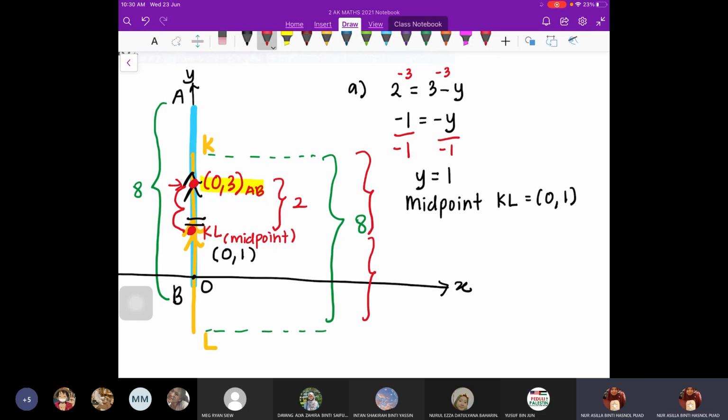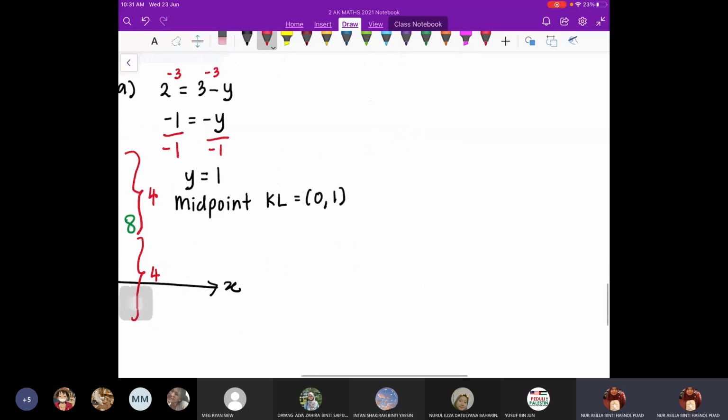Ini 1, sini 1. 4, 4. So nanti bila kita buat distance, kita akan buat 2 kali. Satunya di antara midpoint KL dengan K. Satu lagi untuk midpoint KL bersama dengan L. 2 kali. Okay. So teacher dah bagikan kepada 2.